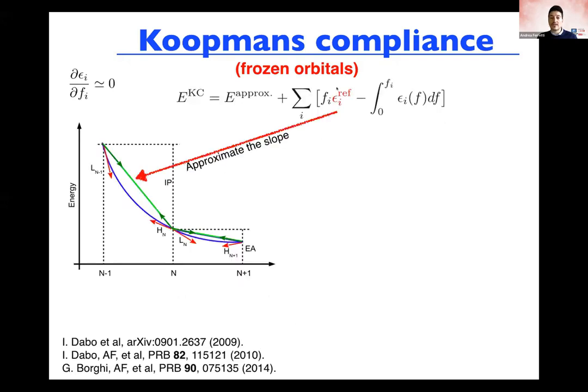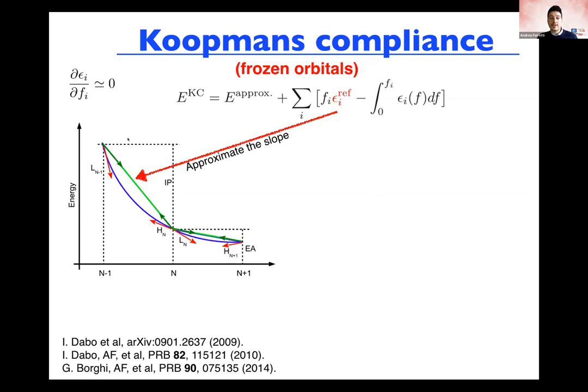How to determine this reference epsilon? Well, we here build again on the fact that total energy differences, as is going to become clear later, when orbitals are localized, are typically better approximations to ionization energies rather than the local derivatives like the eigenvalues.